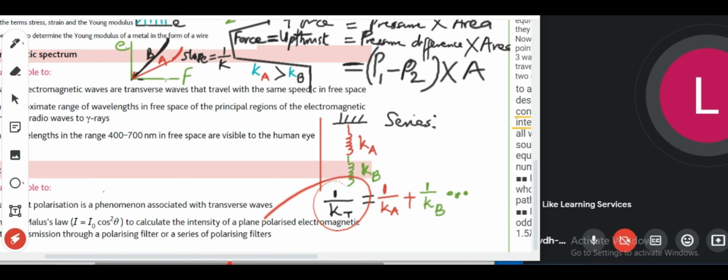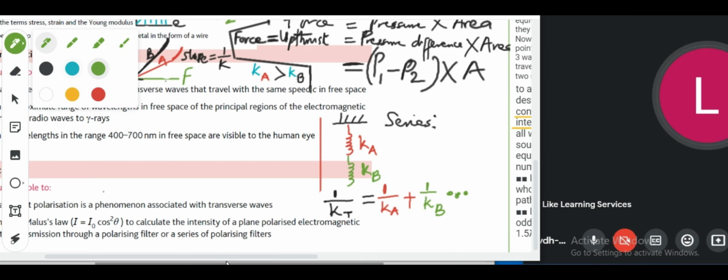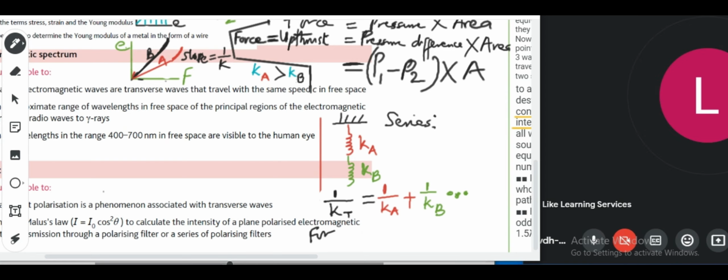1 over K total is equal to 1 over Ka for one spring, plus 1 over Kb for the other spring, plus 1 over Kc for the third spring, 1 over Kd for the fourth spring, as many springs as possible. But for only two springs, which I'm going to talk about now, for two springs in series, we can simply do product over sum.